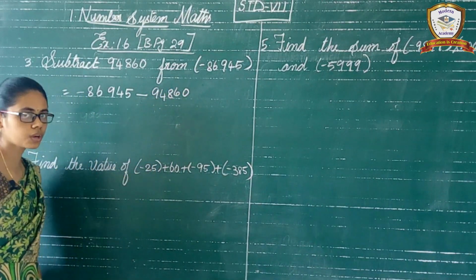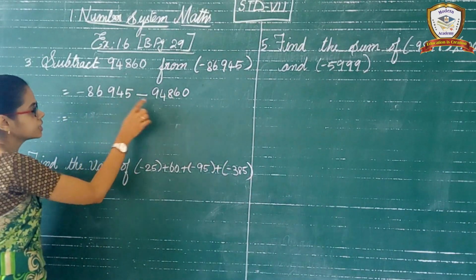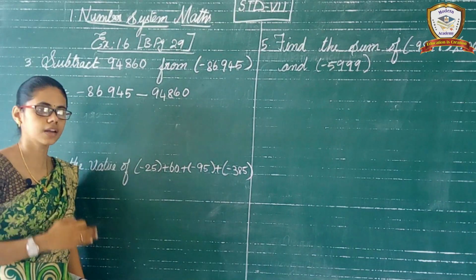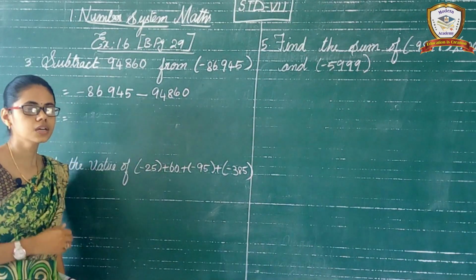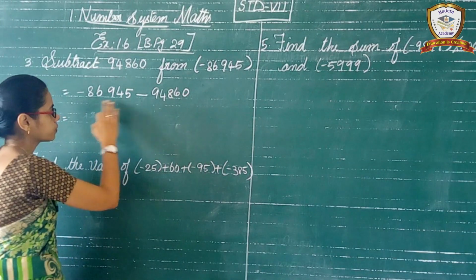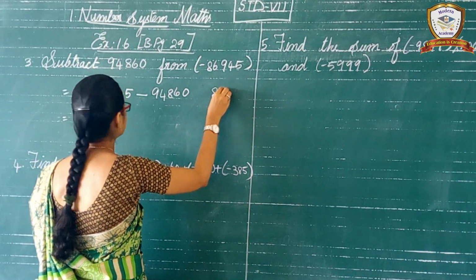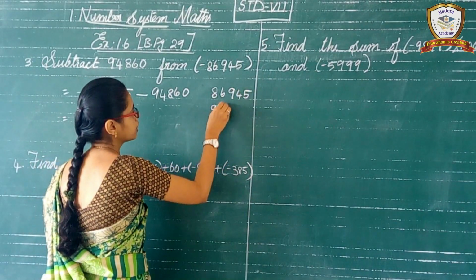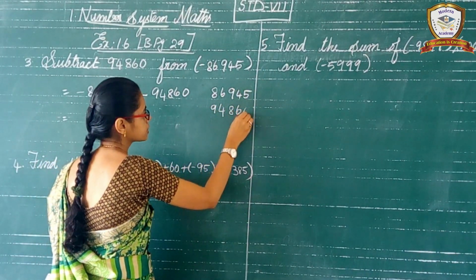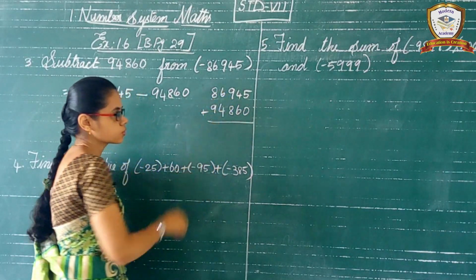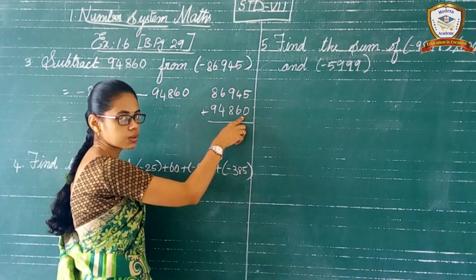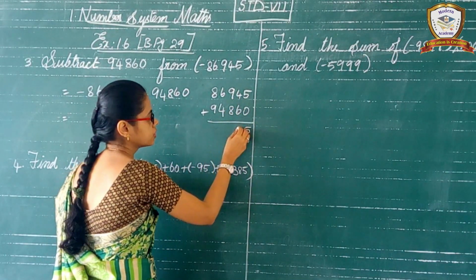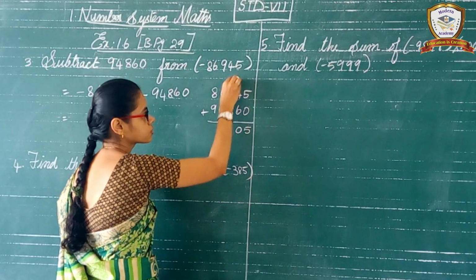Okay. That is 94,860. Okay, and next see here, these both are same sign no. So same sign means we need to add the number, and finally we want to mention the greatest number sign. Okay, so first we have to add these. So 86,945 plus 94,860. Okay, so these two numbers we want to add. 5 plus 0, 5, and 4 plus 6, 10. 0 here, 1 carry goes to the next number.